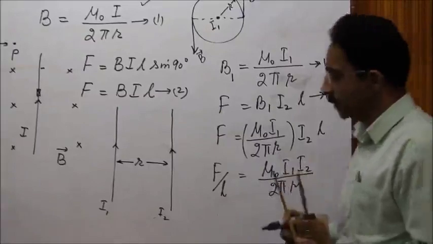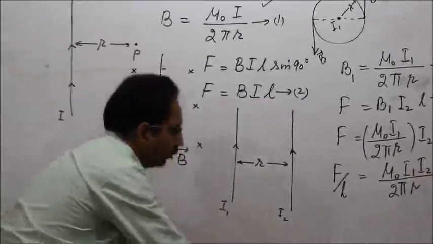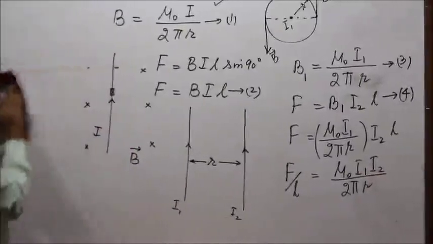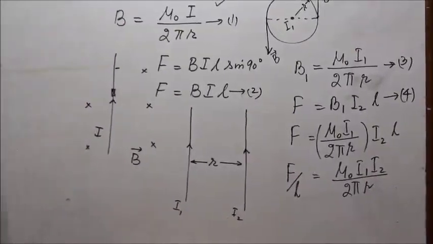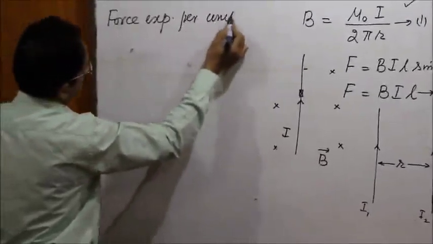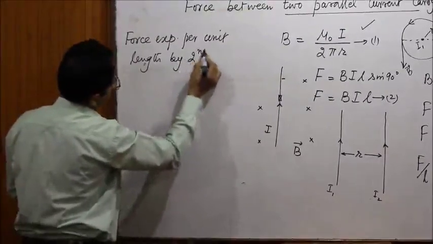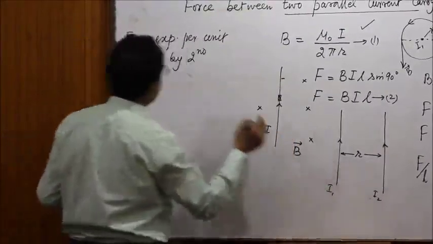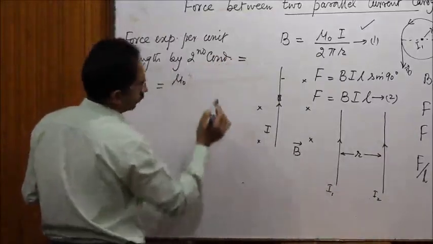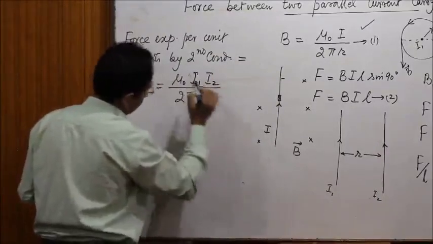ये जो expression है, this expression tells us how much is the force experienced by the second conductor due to the first conductor per unit length, because F by L represents force per unit length. So my answer is that force experienced per unit length by the second conductor, the conductor carrying current I2, would be equal to mu 0 I1 I2 divided by 2 pi r.